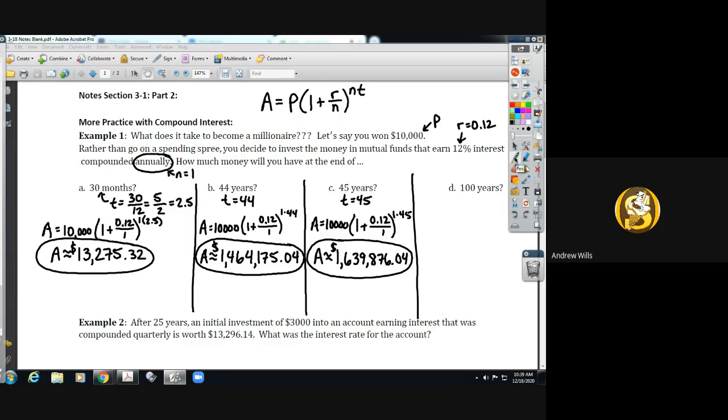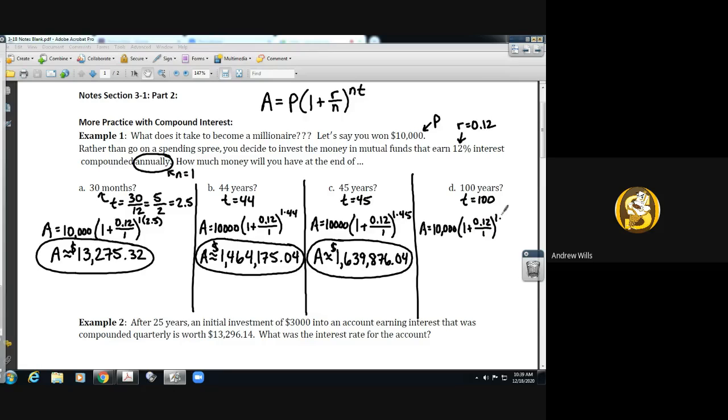So again, hopefully we're not stuck here. We've got time is 100, which means A equals 10,000 times 1 plus 0.12 over 1 to the 1 times 100 power. And we feed our calculator.